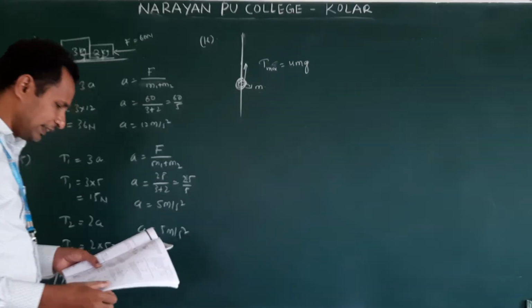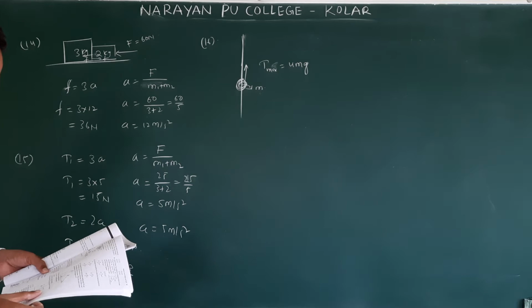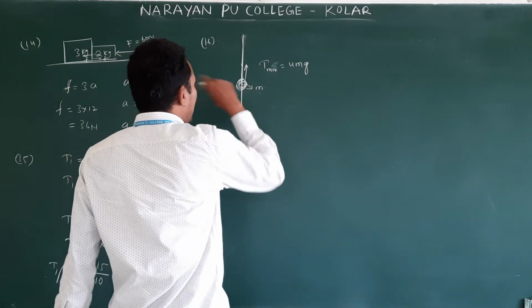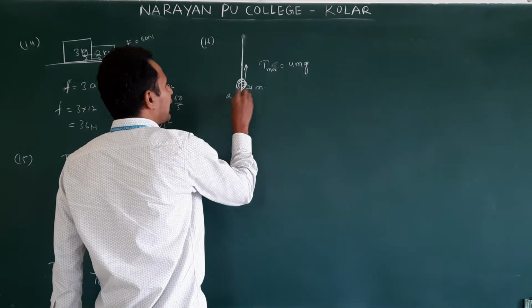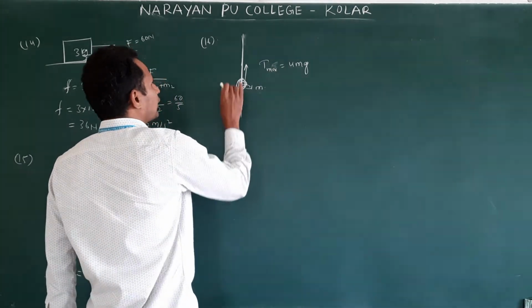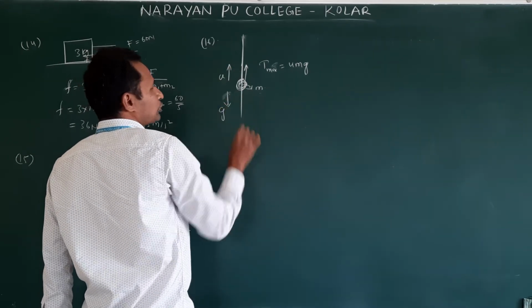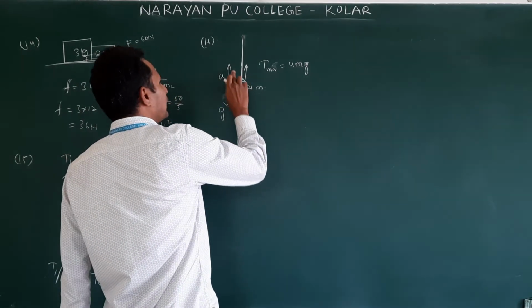Next, what are they asking? The maximum acceleration with which the sphere can move up without breaking. Okay, if it is accelerating with A, g is already acting downwards. It is going up with acceleration A, and g is acting downwards. What happens when it is going up?